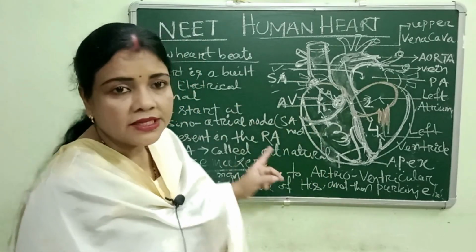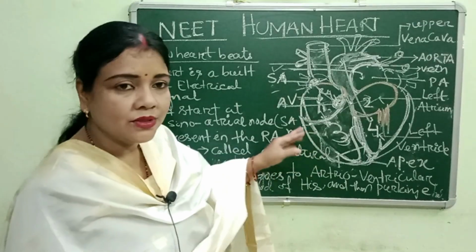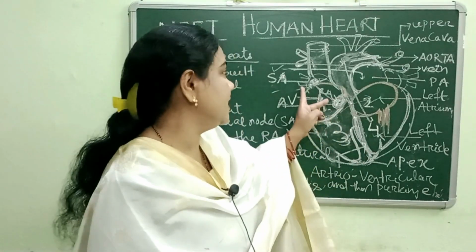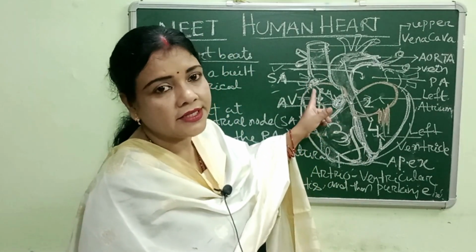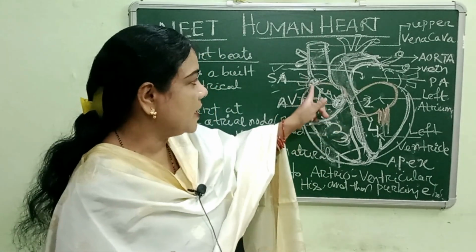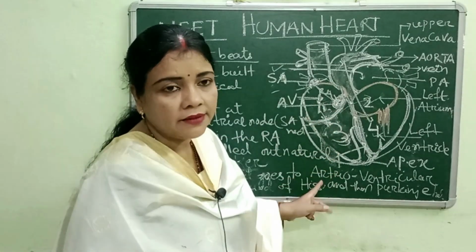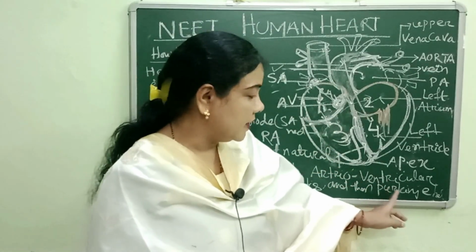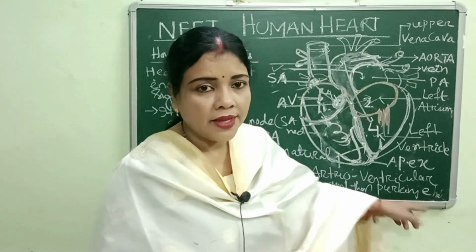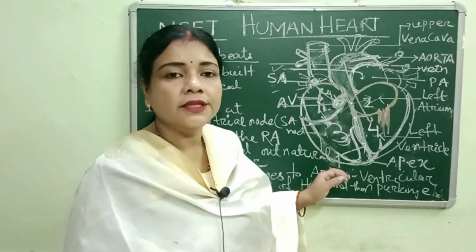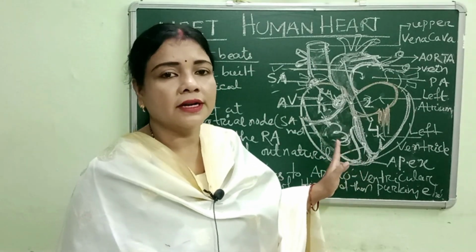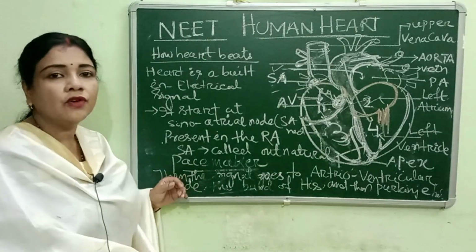Okay, that is known as heartbeat. So how does this happen? It happens basically due to these two nodes. The signal generated here passes from one node to another node, then from the atrium to the ventricle by the bundle of His and Purkinje fiber. Okay. Then after the Purkinje fiber, the ventricle starts to contract. So in this way, the heart functions.